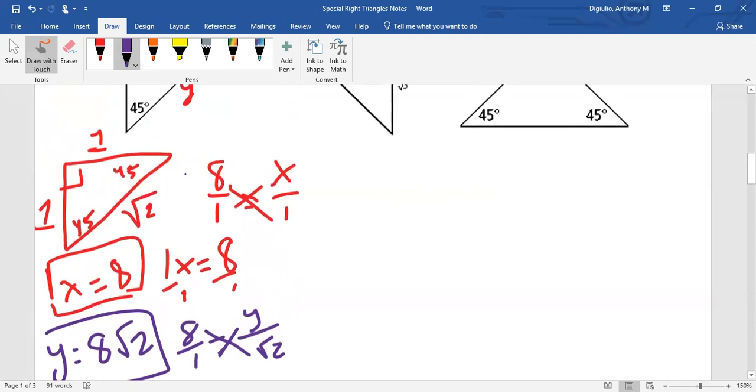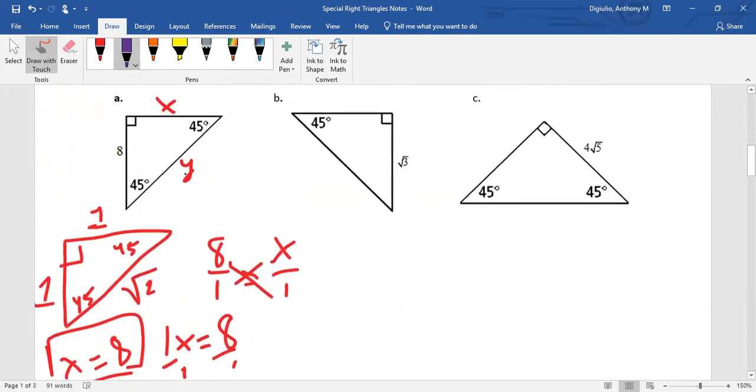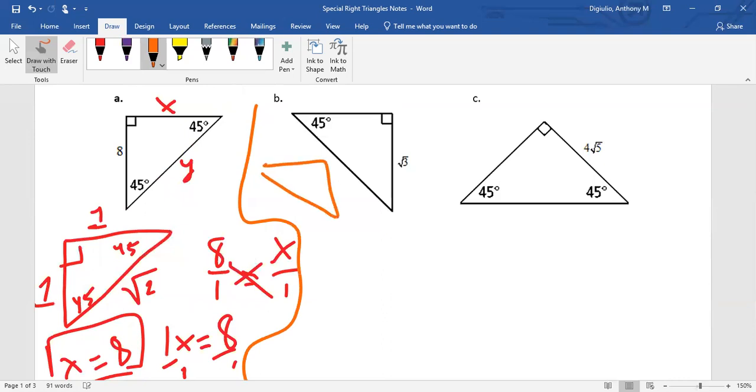So if you only know one side and you know the angle, you should be able to solve for these triangles. Let's try example B. I'm going to draw a line over here first, just so we don't get these problems mixed up. I'm going to start by identifying it's a 45, 45, 90. I'm going to draw my reference triangle here: 45, 90, 45.